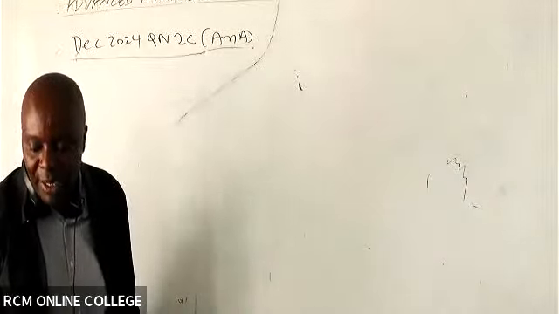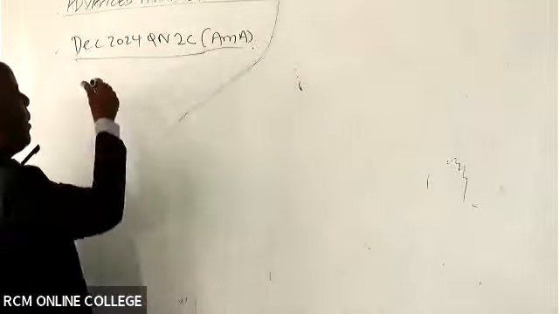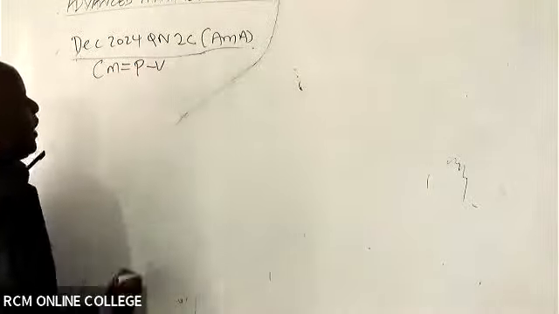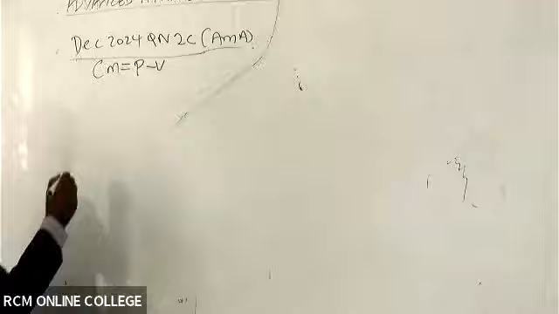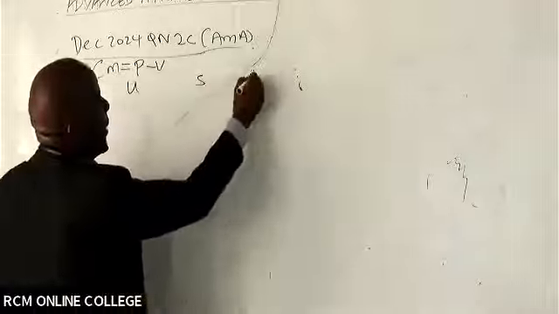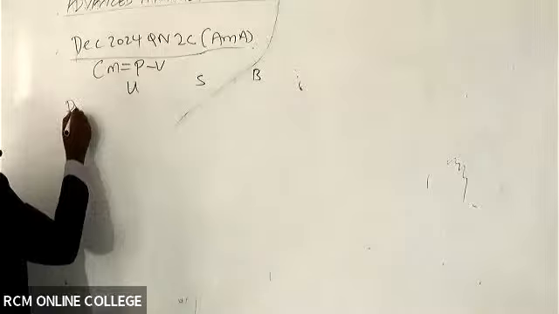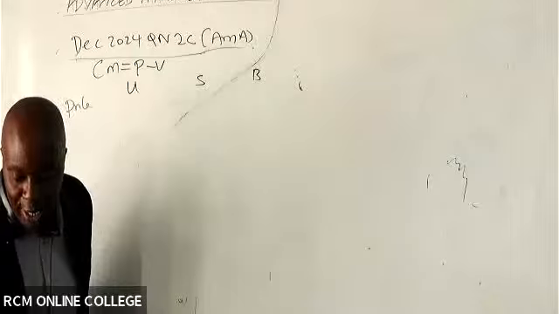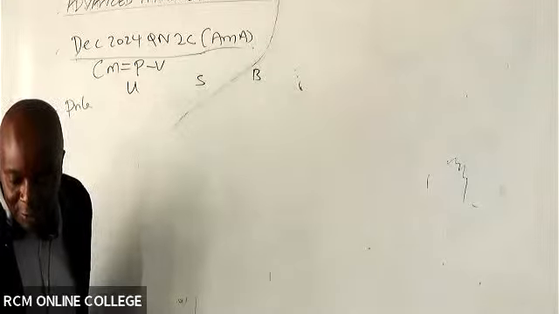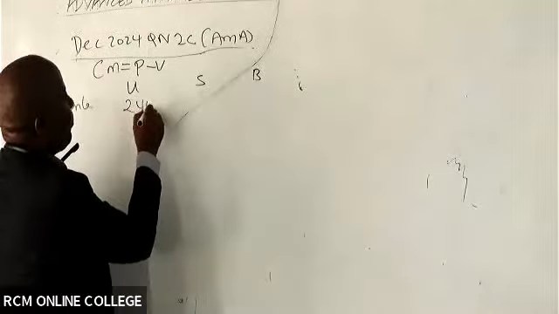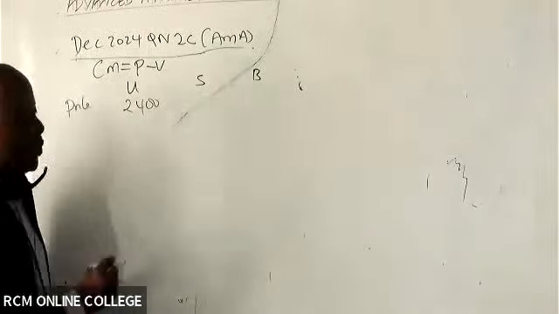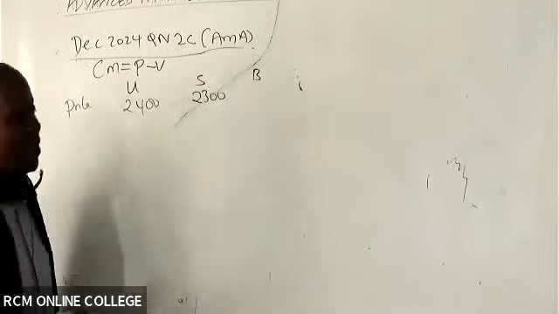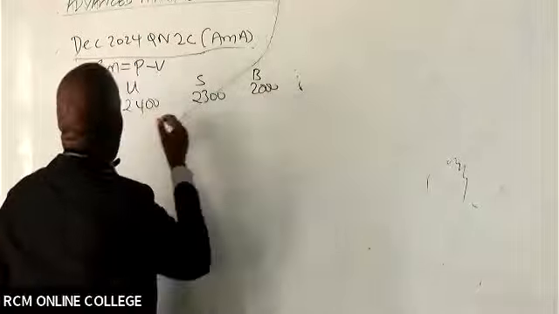Under key limiting factor, the very first thing you're supposed to do is give us the CM, contribution margin, which will be price minus variable cost. We have three products: U, S, and B. The prices are 2,400, 2,300, and 2,000.